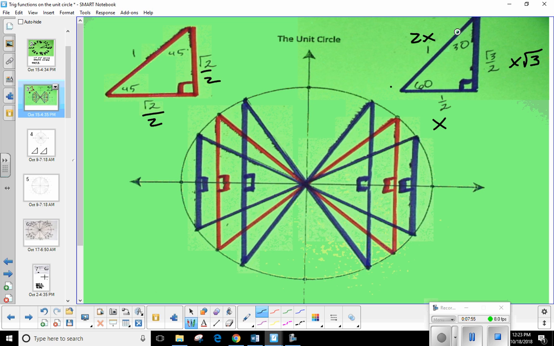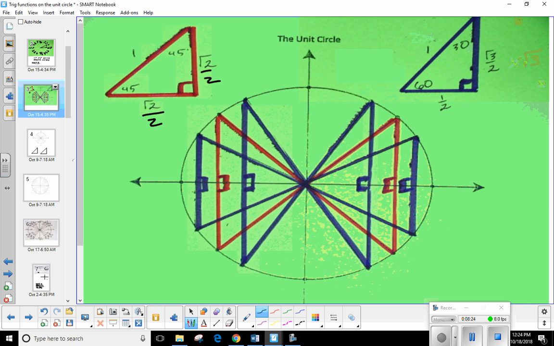If the length of the hypotenuse is 1, but it should also be 2x, we'll just divide through. See, that's where I get the 1/2 from. And then if I took 1/2 the x times square root of 3, well, there's your square root of 3 over 2.